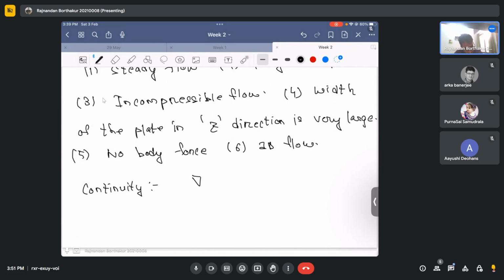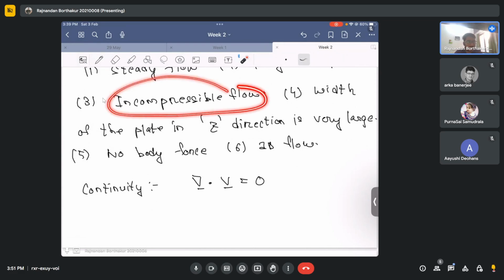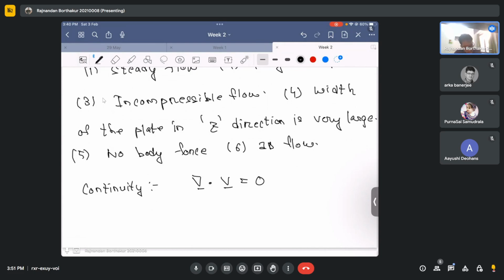The incompressible form of the continuity equation states that the divergence of the velocity field is zero. This is because we are assuming the fluid to be incompressible. Now, this is in vector notation. If I want to write this in the Cartesian coordinate system, it would be del u by del x plus del v by del y plus del w by del z.